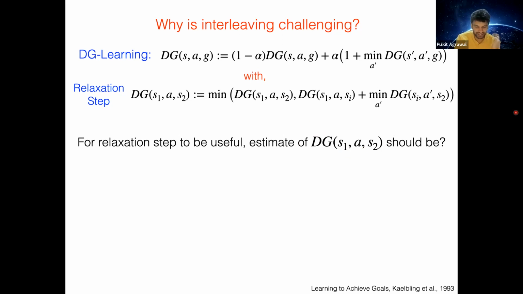Is the question clear? Maybe there's something to process in this question. So I will give slightly more time than usual, maybe 30 seconds, to think and answer this question. And if something is unclear, feel free to put it on the chat.